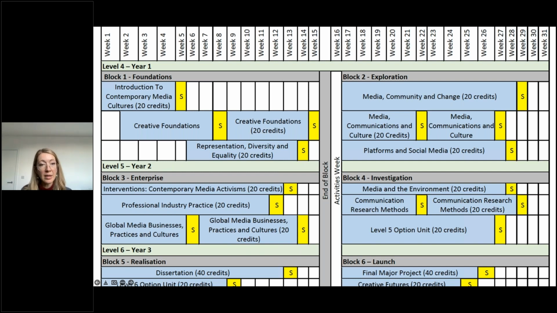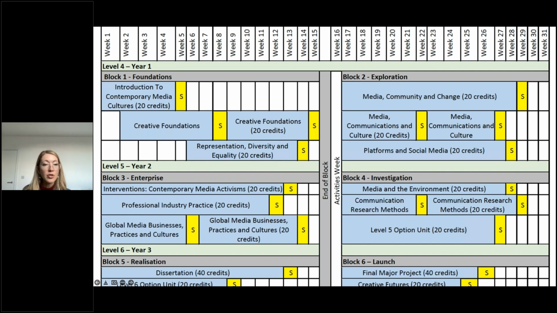Now, as you can see, these are the weeks and how submission points are distributed. For example, in Creative Foundations, you've got a submission point in week 8, a submission point in week 15, whereas Intro 2 is a short but intensive unit, which only lasts for 5 weeks, and you've got the submission point, which is normally a presentation, in week 5.